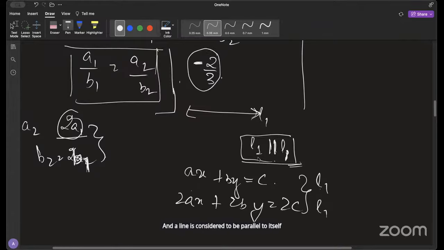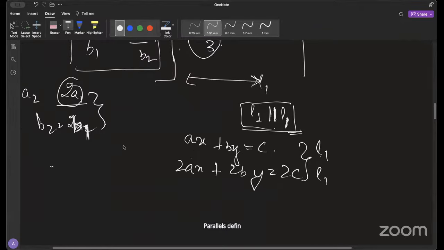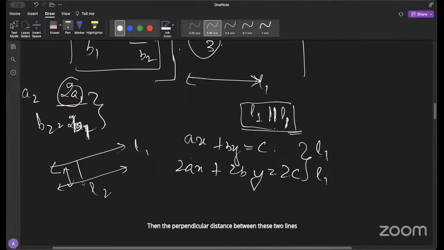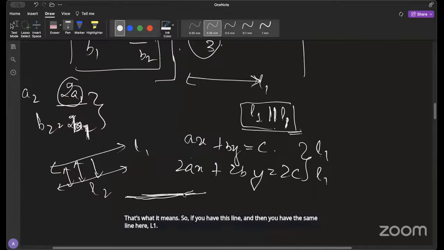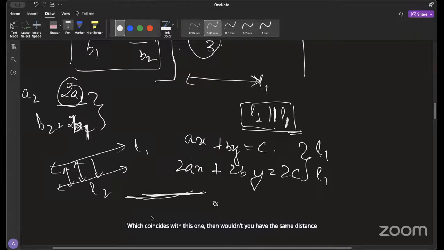By definition, parallel means that if you have L1 and L2, then the perpendicular distance between these two lines should remain the same. So if you have this line and then the same line here, L1, which coincides with this one, wouldn't you have the same distance, 0, everywhere? The perpendicular distance would be the same, right? That's why they are considered parallel.